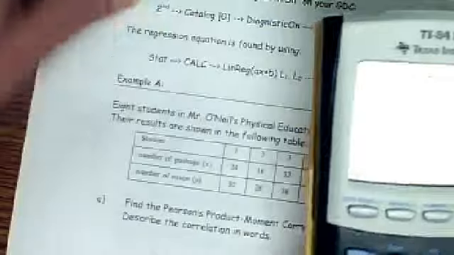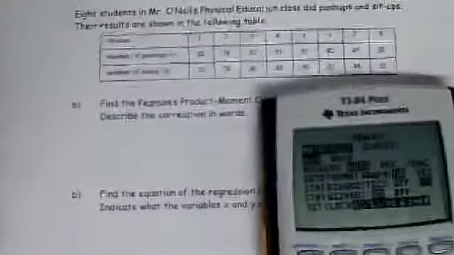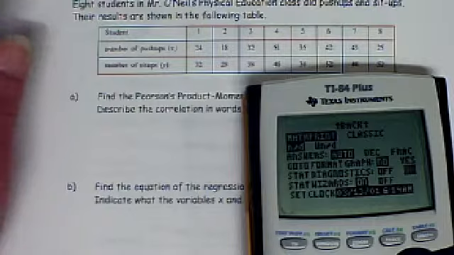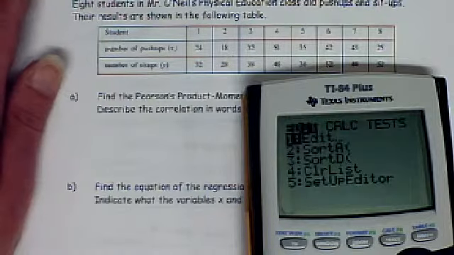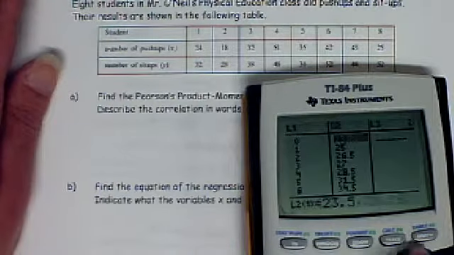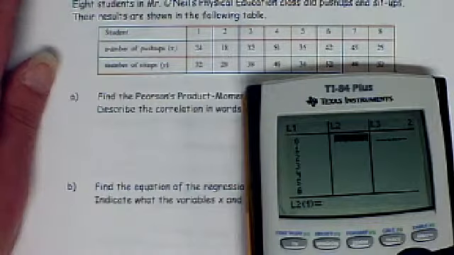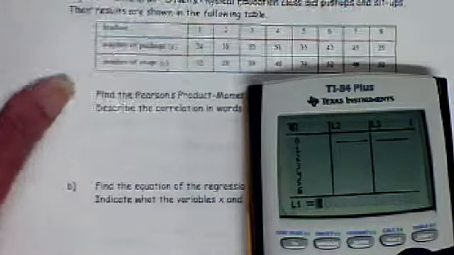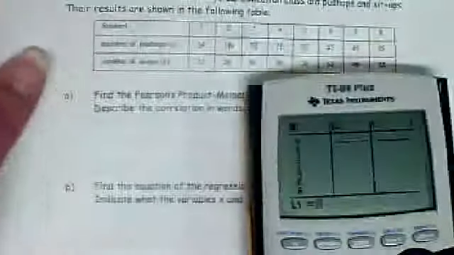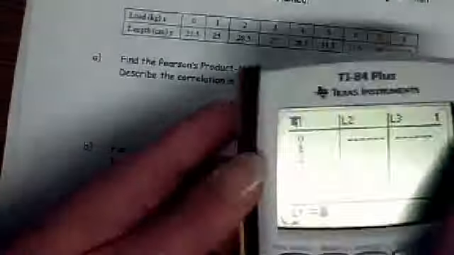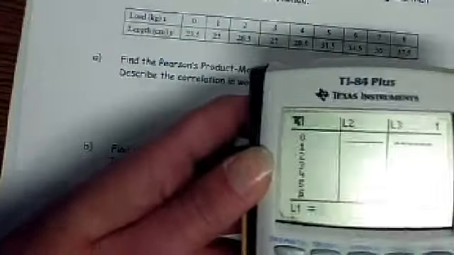And now let's look at data again. We're going to look back at Mr. O'Neill's physical education class again. And we looked at that just a moment ago. So we want to clear out this other data. Actually, no, I already did it. I was going to say we can actually, since we already had the second one in there, that spring, let's just use that, sorry.